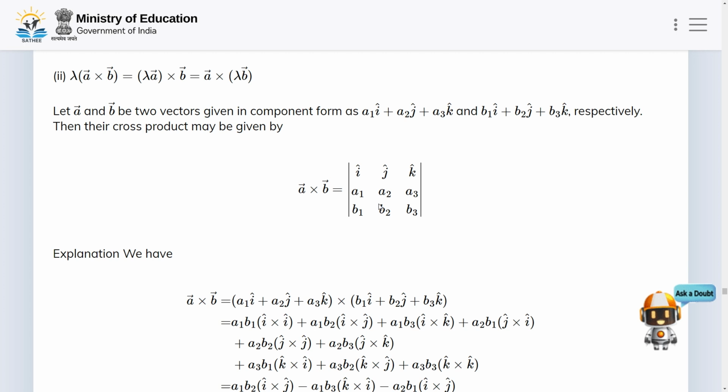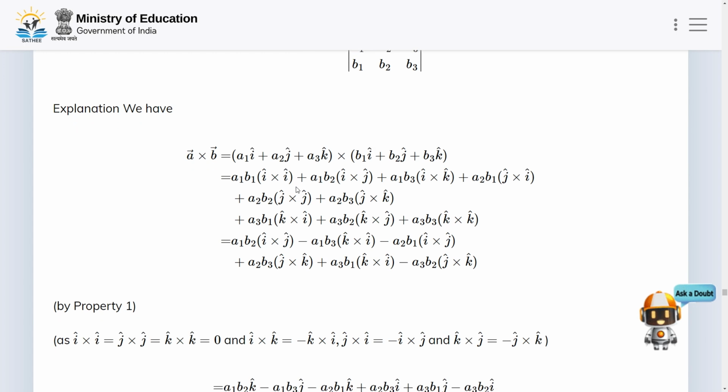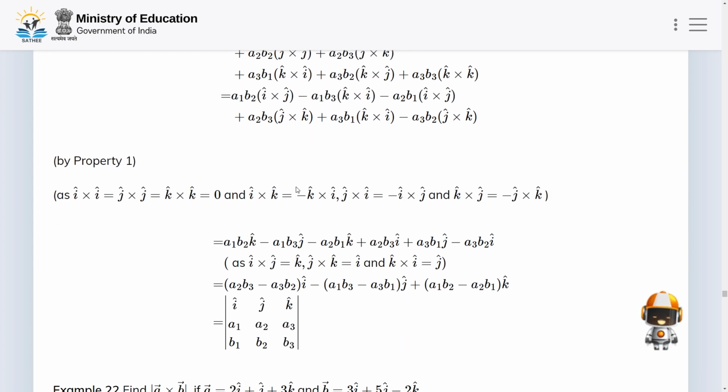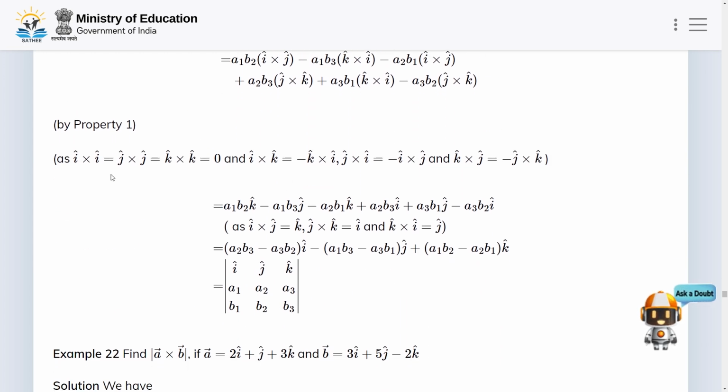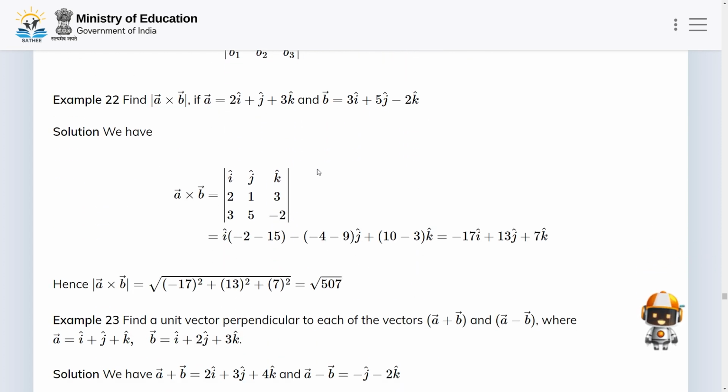Just find this determinant and you will get your cross product. I hope it is clear. We have already seen this, so please remember property 1, these are very important things.